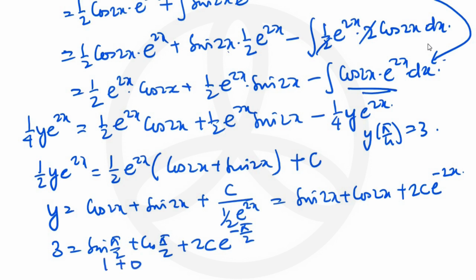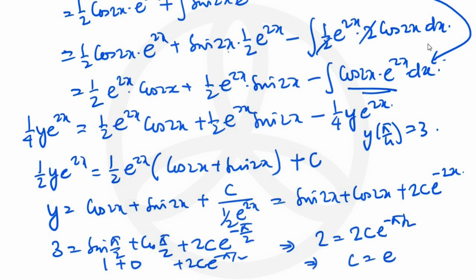This is 1, this is 0, this is 2c e to the power minus pi over 2. This will become 3 is equal to 1 plus 2c e to the power minus pi over 2, or this will become simply c is equal to e to the power pi over 2.